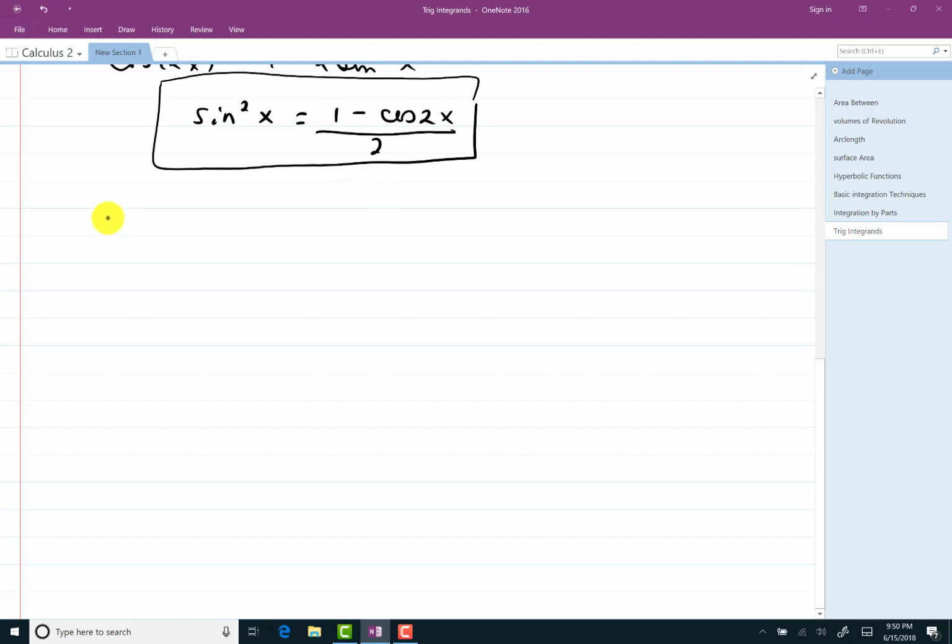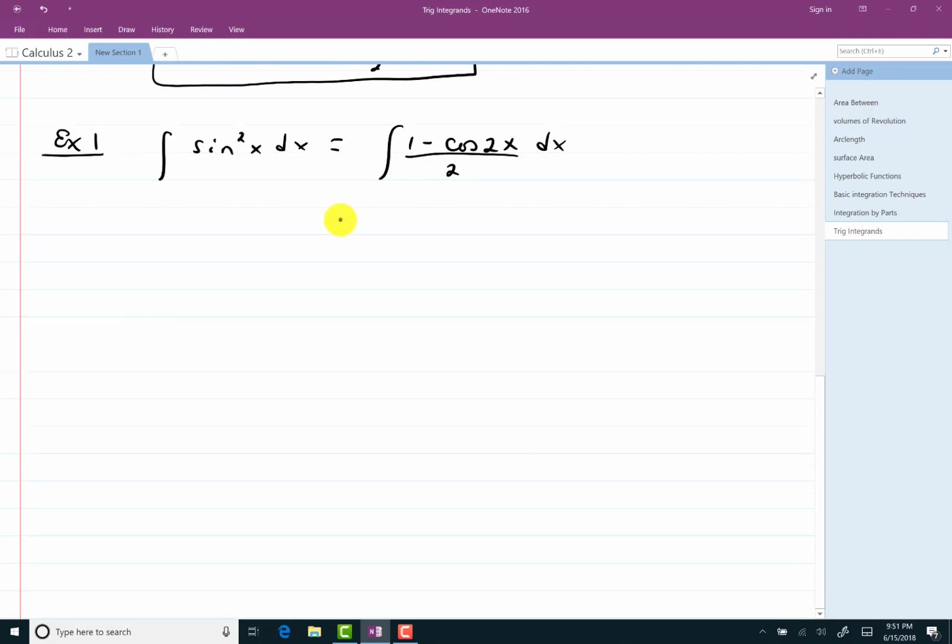For example, suppose I want to integrate sine squared of x dx. Well, I will rewrite it like I just have it there. And what I'll do is I'll bring the 1/2 out front. It really doesn't do much for us there.